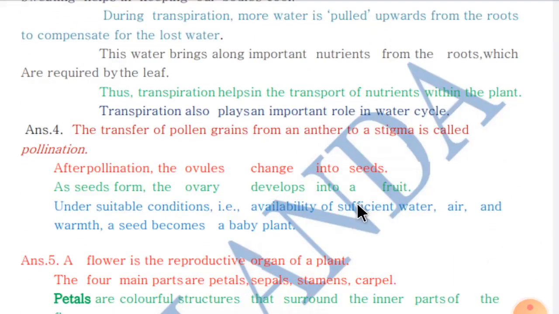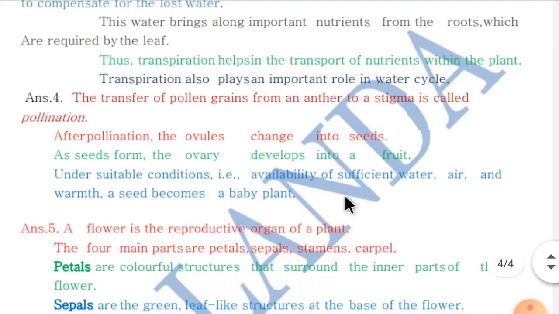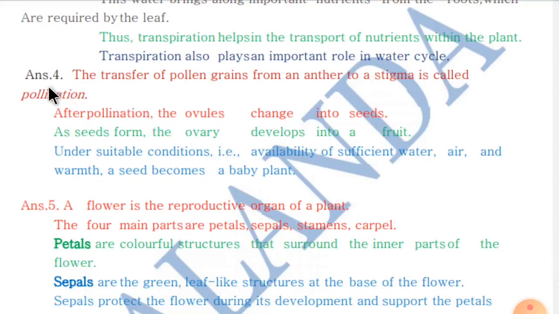Fourth one is define pollination. What happens to the different parts of the flower after pollination? So first, pollination is defined as the transfer of pollen grains from an anther to a stigma. After pollination, the ovules change into seeds.